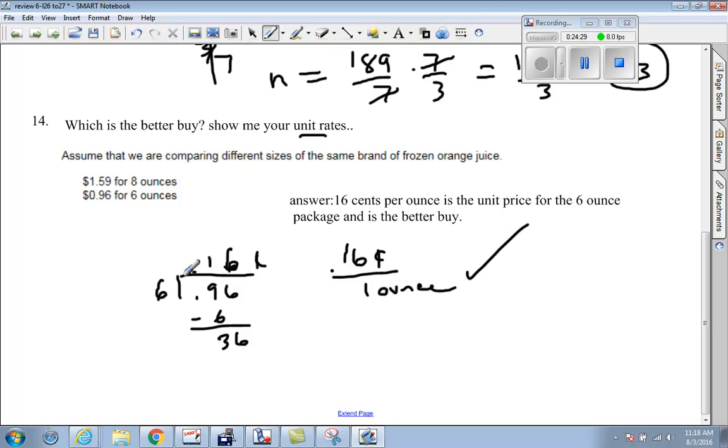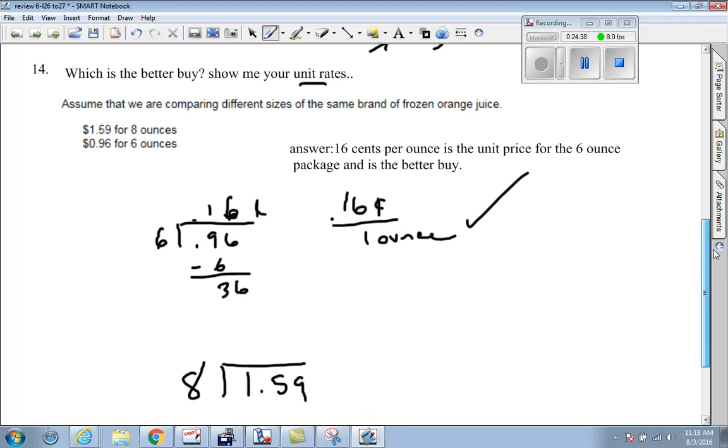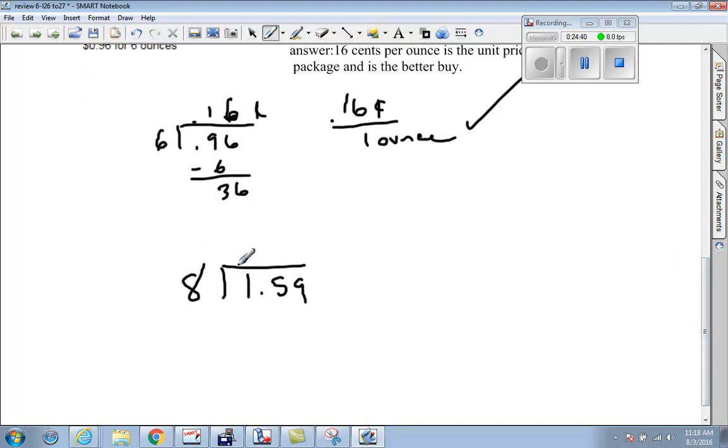Now let's divide the 8 into the $1.59 to see what that unit rate would be. Well, whichever one's cheaper, you know, the better unit rate is the better buy, long story short. So 8 into 15 just once, and 8 into 79 about 9. And right there you're getting more expensive.